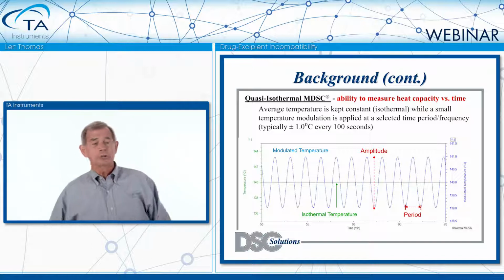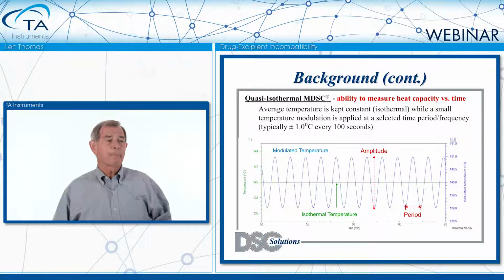And if we look at the blue curve, what we see is that it's changing sinusoidally. If we look at the axis on the right, we can see that that sinusoidal temperature change is occurring between 139 and 141. So that's our plus or minus 1 degree C modulation amplitude.